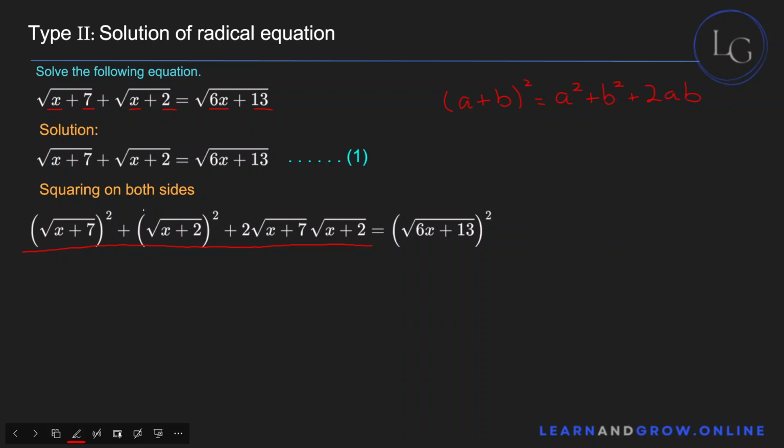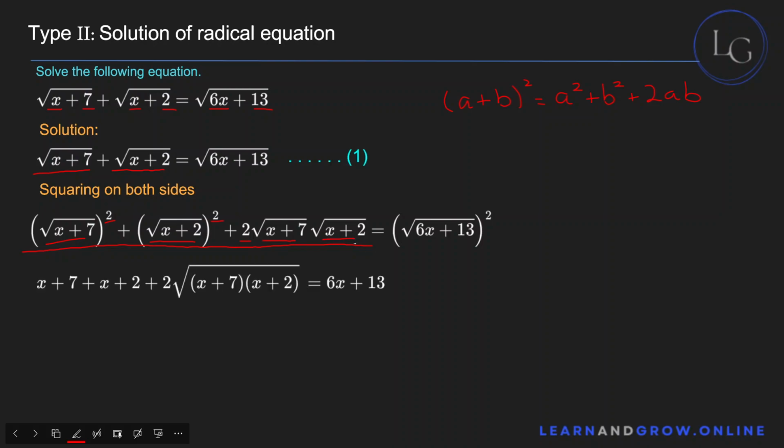Well, that is exactly what we have done here. Take this term as a, take this term as b, and if you whole square it, you'll get a square plus b square plus 2ab. So that's what we've done here.